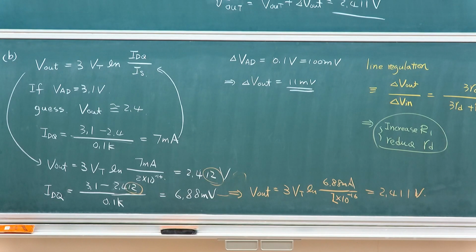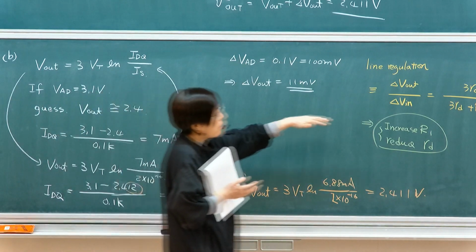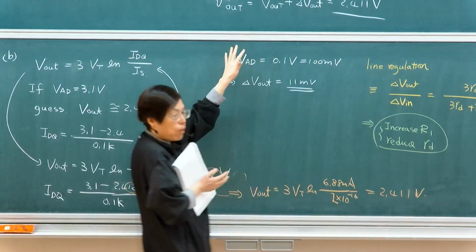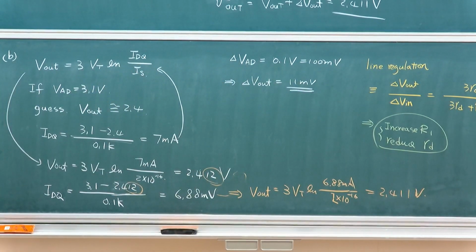As I said, small signal analysis is an approximation, but the advantage of doing that is that it provides you with an insight. This is an insight that cannot be seen through iteration operation. Okay? So we're going to use this very often. In most circuit analysis, accuracy is not actually the key.